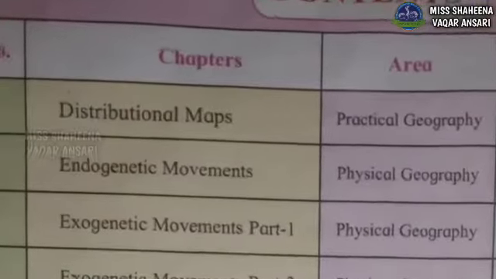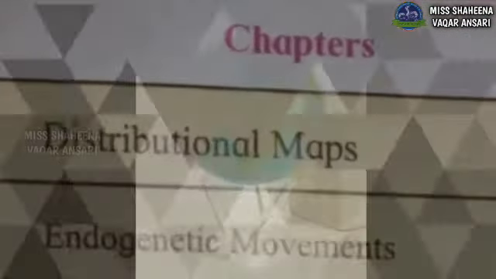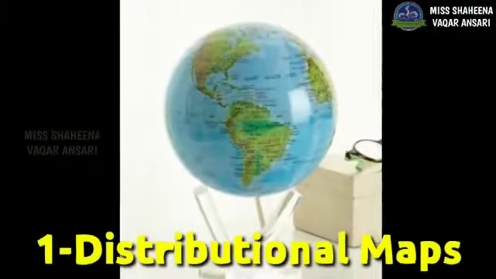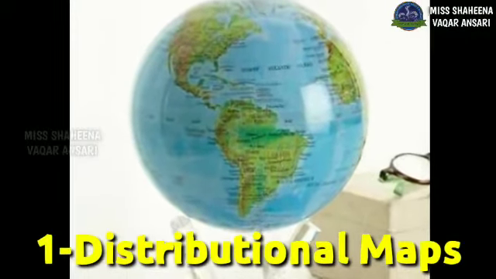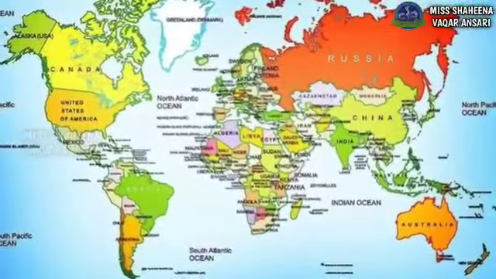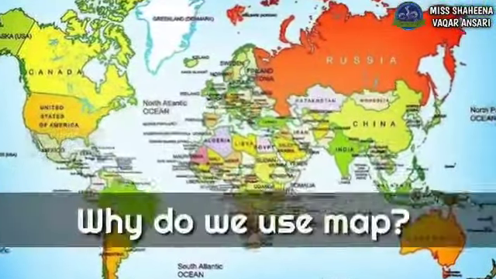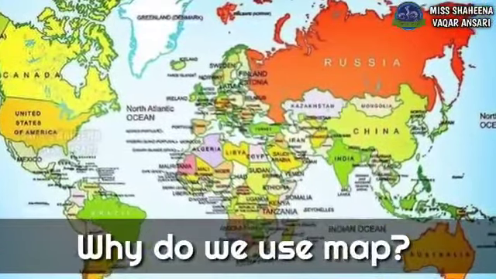And today we start our 9th standard lesson by starting on the very first lesson, that is distributional maps. Well, we have been learning about maps. We know that a map is a very important tool in the study of geography. Why do we use maps?